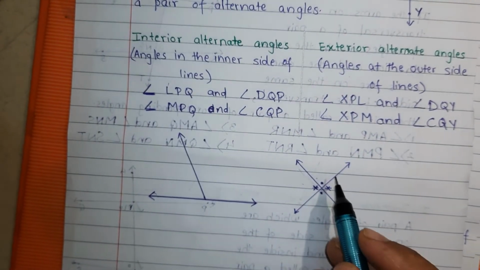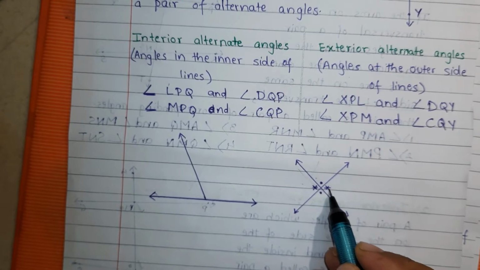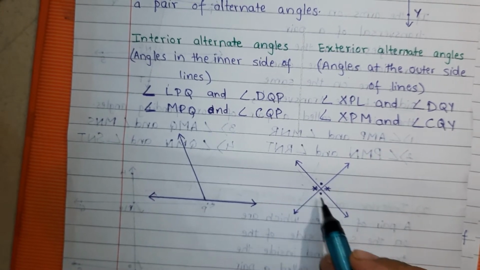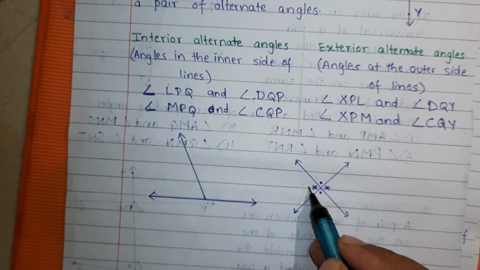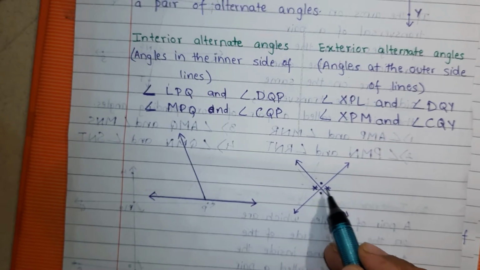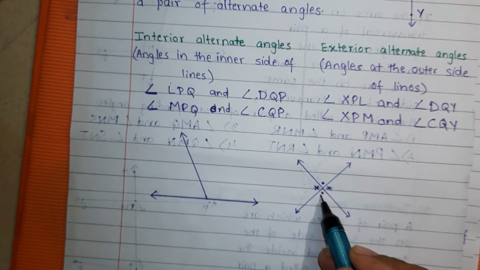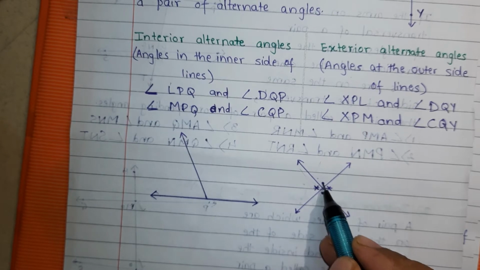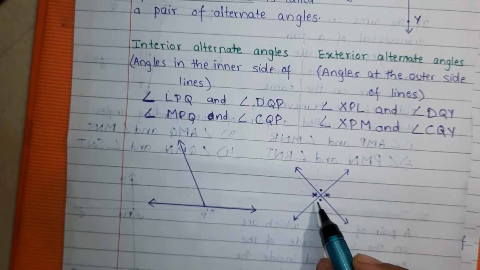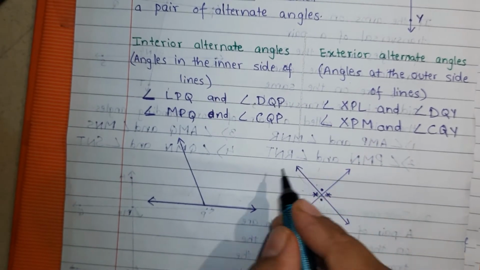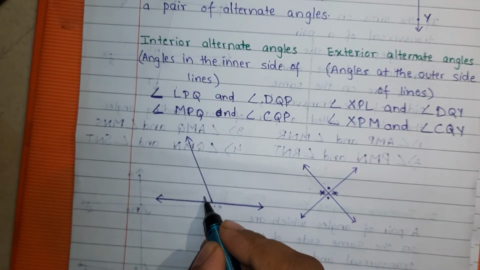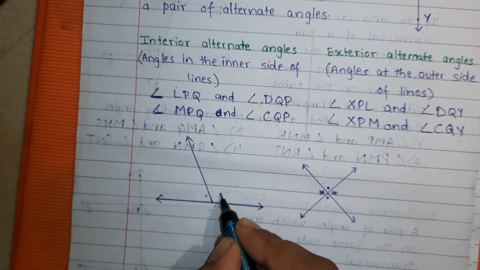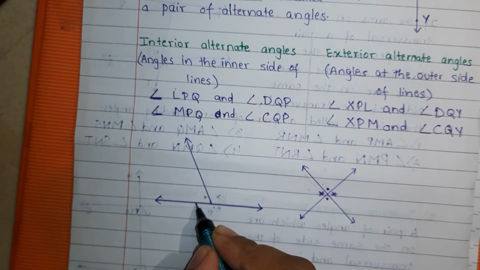One more thing I had told you, vertically opposite angles. When two lines intersect each other, 4 angles are formed. The opposite ones are called vertically opposite angles. And vertically opposite angles are congruent. This we have studied in 7th standard. And these two angles are called a linear pair of angles.